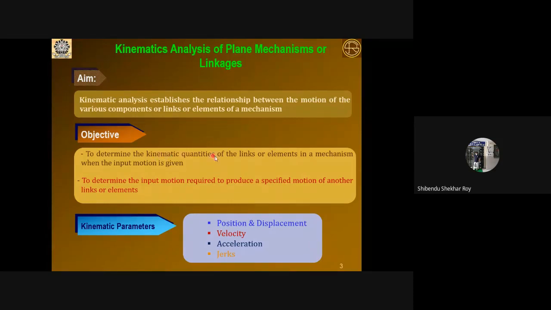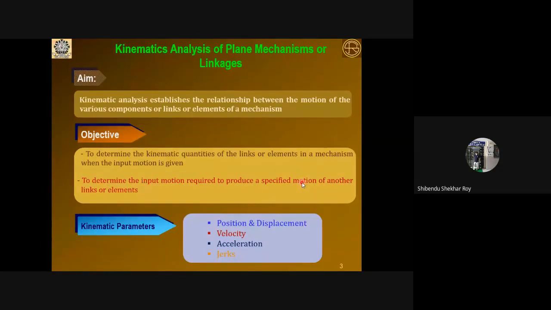So the objective is to determine the kinematic quantities or kinematic parameters of a link or element in a mechanism when the input motion is given, or vice versa, that means to determine the input motion required to produce the specific motion of another link, it may be the output link. Clear? So this is your objective.